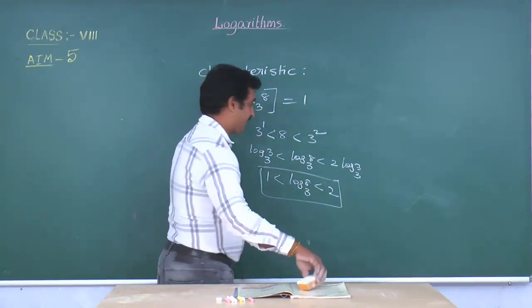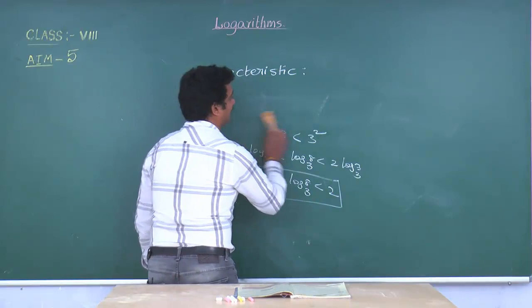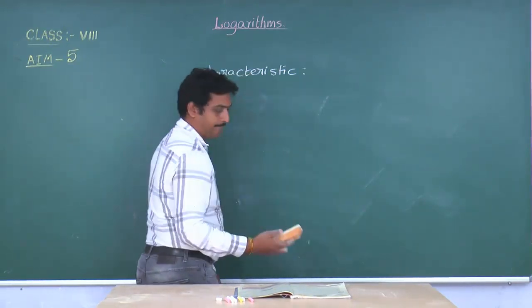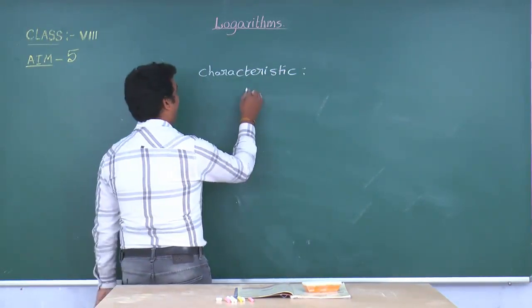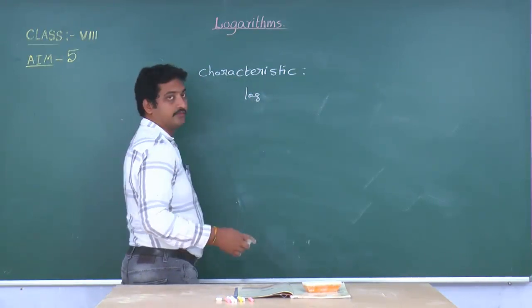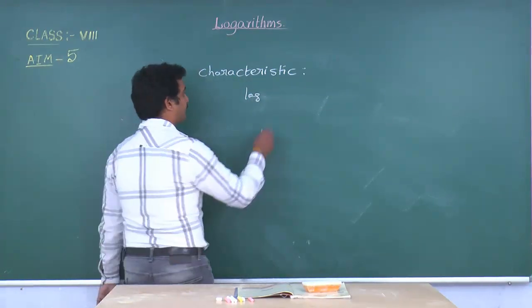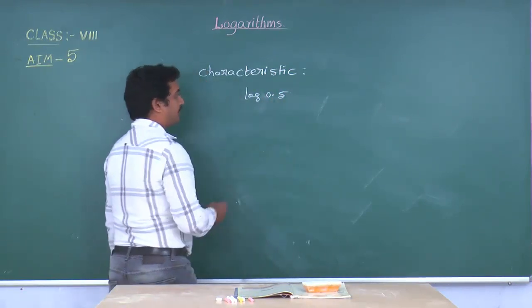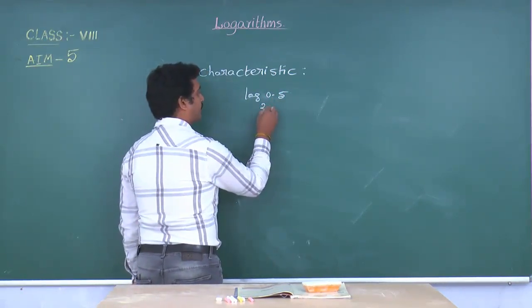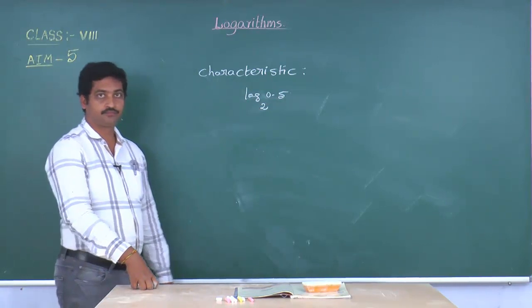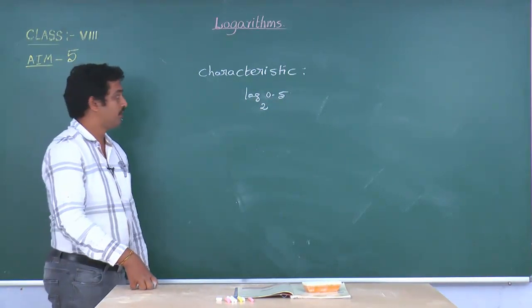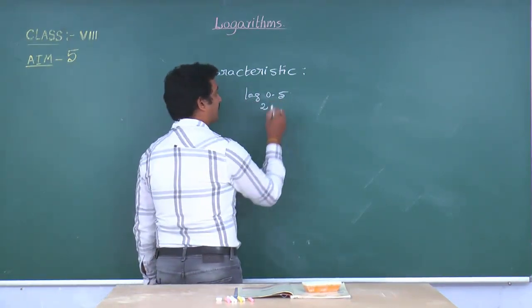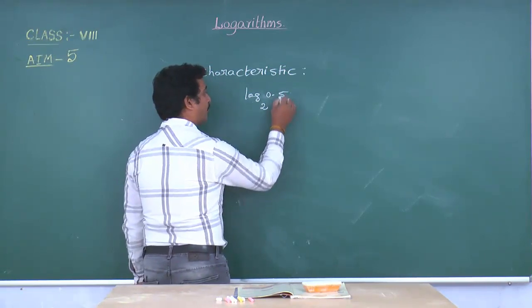In a similar way, we can write log 0.5 to the base 2. 0.5 is nothing but 1 by 2.